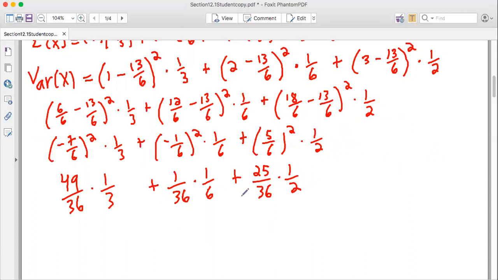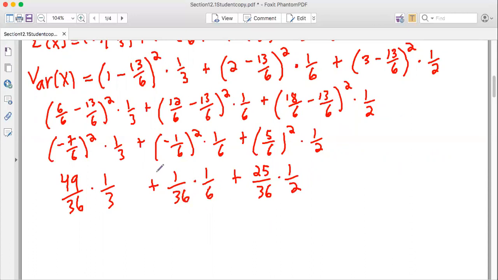Now, I could go ahead and multiply everything out, but I want you to notice that I'm going to need a common denominator, and I'm not going to get a common denominator right away. But think about how the denominators look. I have 36 times 3, I have 36 times 6, and I have 36 times 2. The common denominator is going to be 36 times 6, or what is that, 216, right?